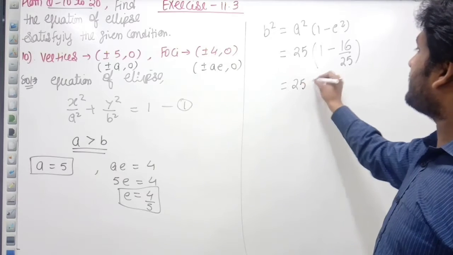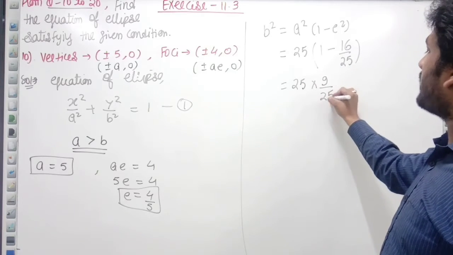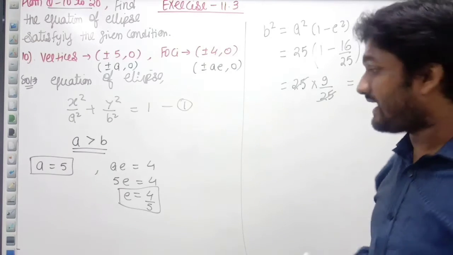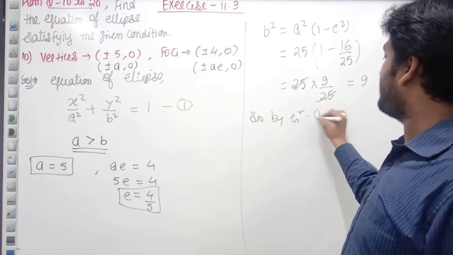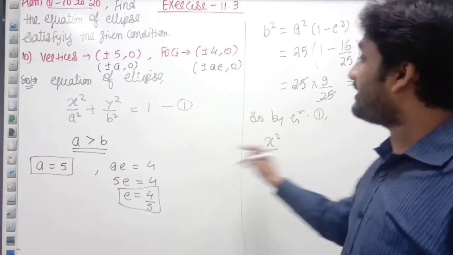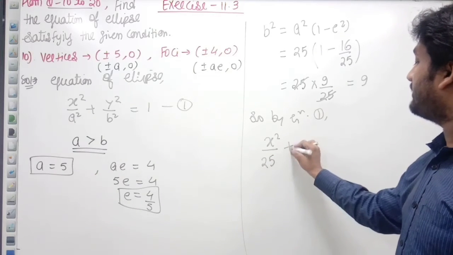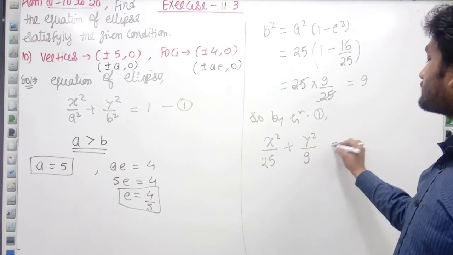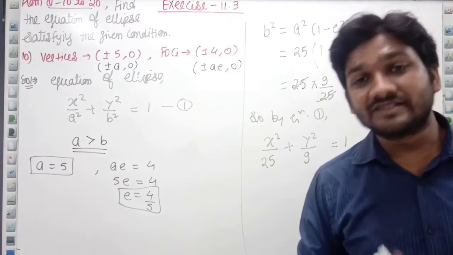So 25 into LCM, 9 by 25, 25 cancel. b square is 9, right? So by equation number 1, x square upon a square, a is 5, so a square is 25, y square upon b square is 9, equal to 1, and this is the answer. I hope this is clear.